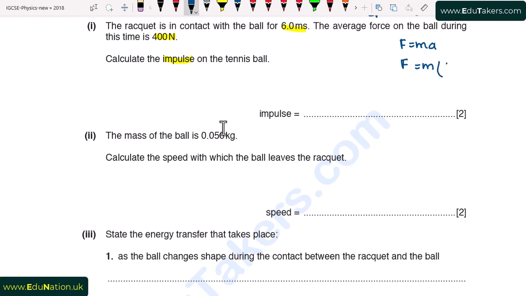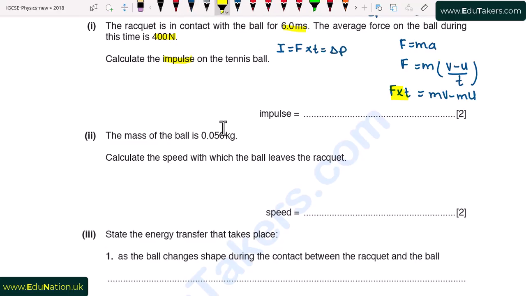I write here v minus u over t. So it will be F cross t is equal to mv minus mu. This term, that is the product of force and time, is basically impulse. I write here impulse I is equal to F cross t, and it is also equal to change in momentum delta P.